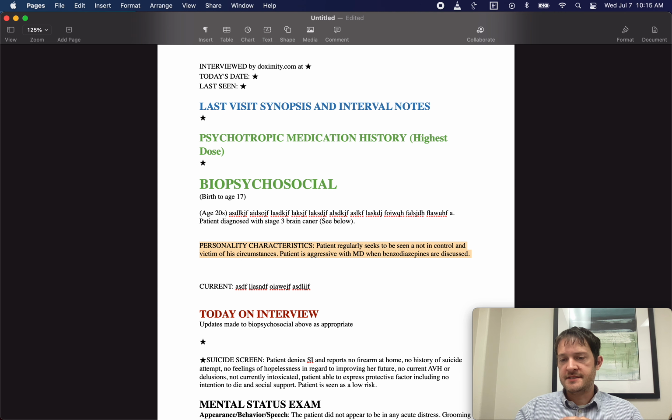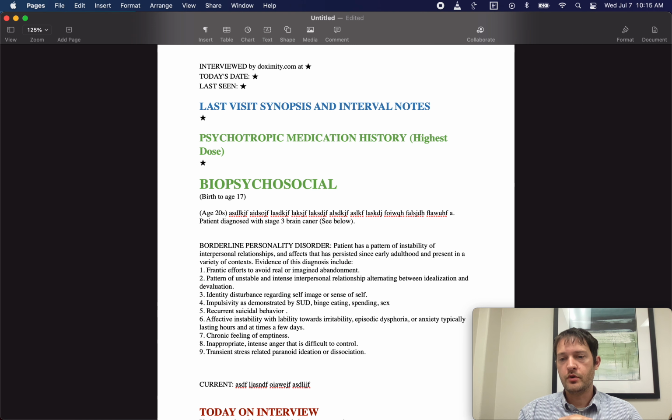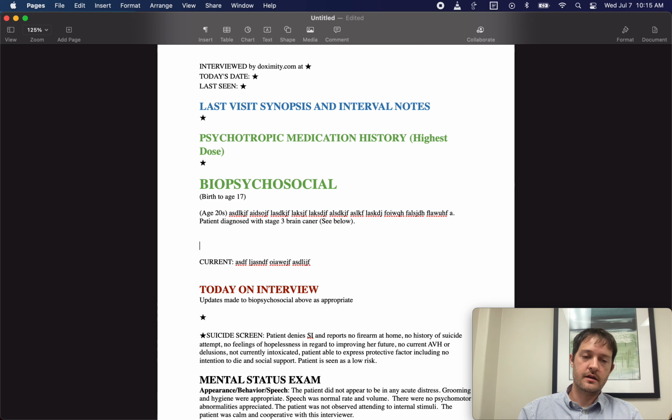You can go as psychologically nerdy as you want in this, or as little as you want, but it's a good place to put stuff. After a few interviews and talking with the person, I might get to the point where I'm going to put borderline personality disorder, and figure out which characteristics they've met for the diagnosis.